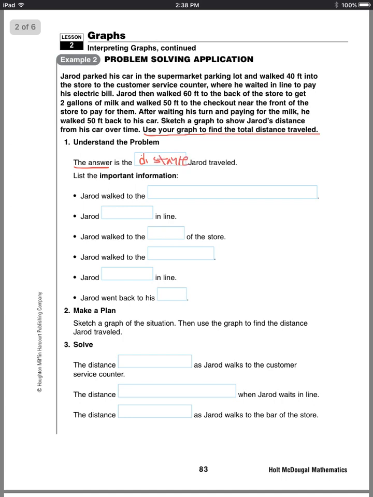So Jared walked to the customer service counter first. Okay? So customer service. And when he did that, it said he walked 40 feet. So I'm just going to put 40 feet here, so I know how far it was.